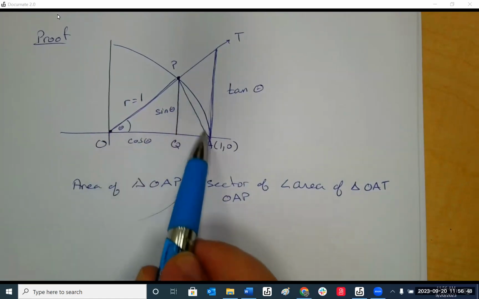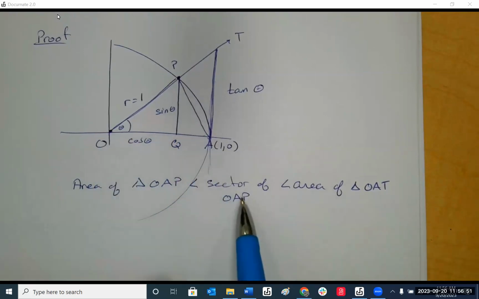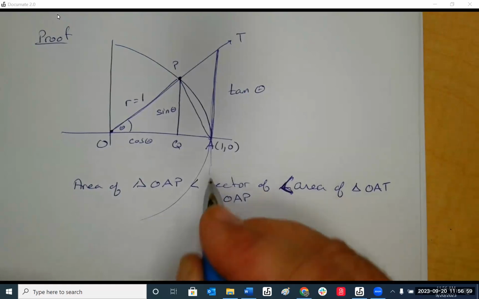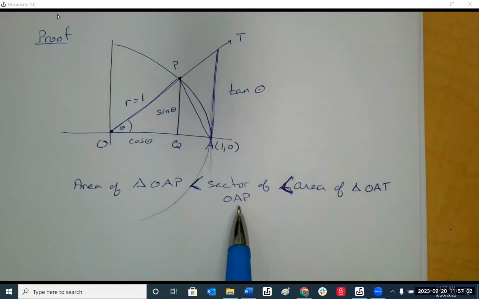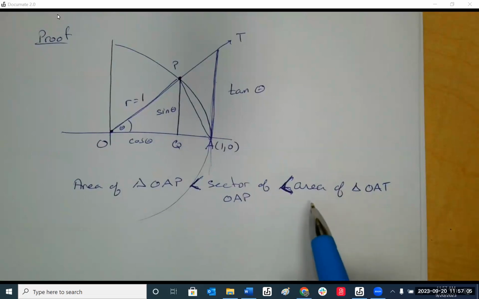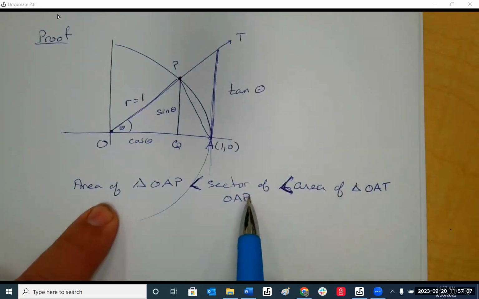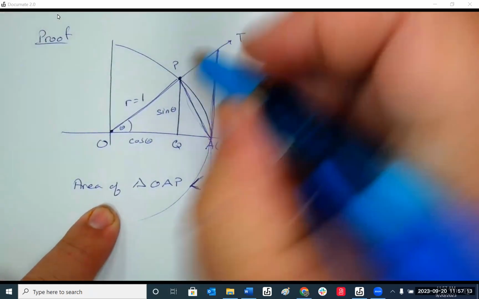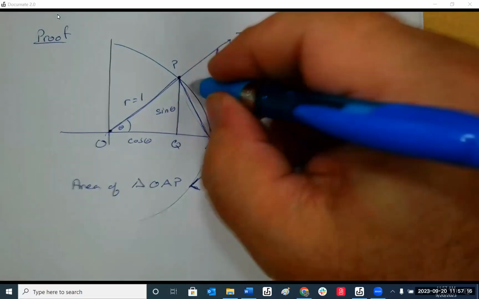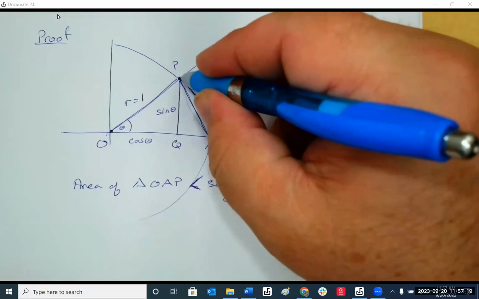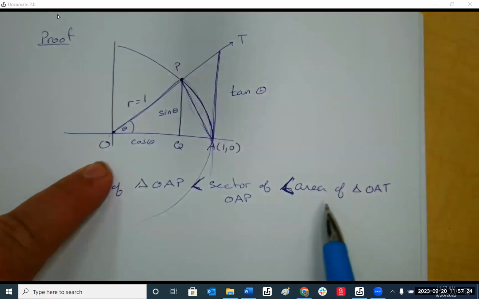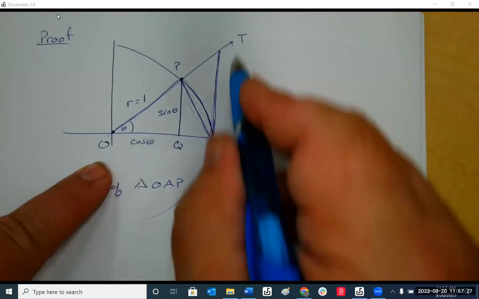So OAP, the smaller one here, that triangle is less than this sector. What does this sector represent? Because OAP includes this line right there. So it's this triangle. The sector includes the curve. So this inner triangle is less than that, which is less than the triangle OAT.